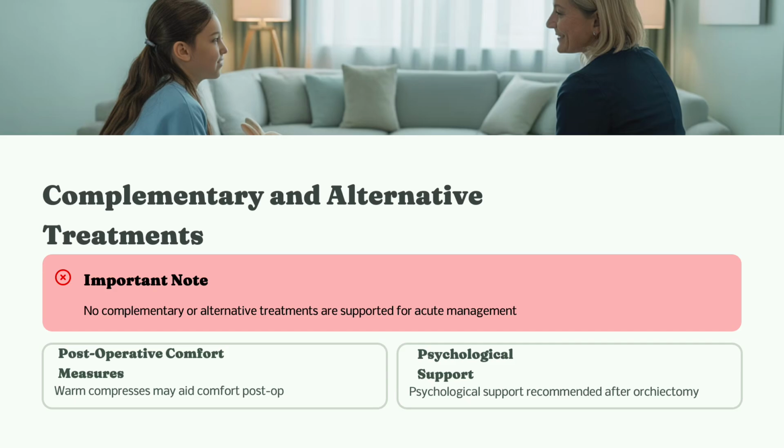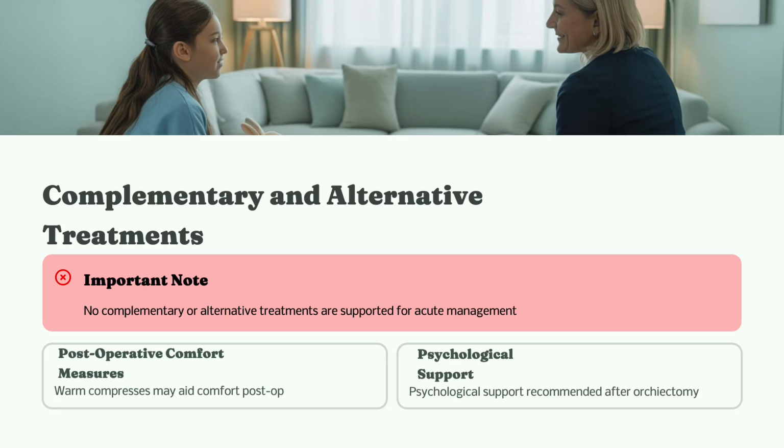Complementary and alternative treatments are not really an option for this since this is really an emergency. We would provide supportive measures post-op, like warm compresses. It could help aid comfort.